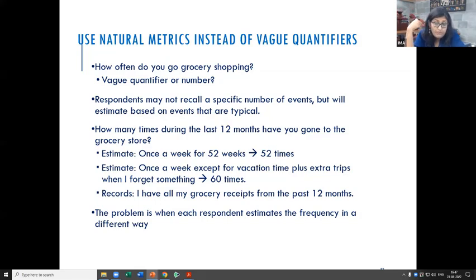Or maybe I save all my transaction list, all my bills, and I can count them. So different people will answer the same question differently depending on how they're doing the math in their head. And the problem is when each person estimates the frequency in a different way, that would lead to measurement error. A good way of avoiding it is to ask how many times in the last month and not necessarily last year.